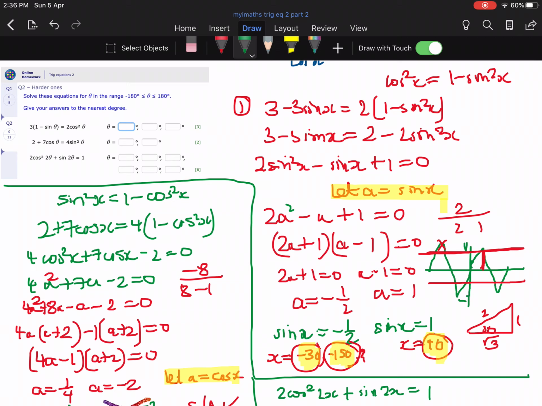What multiplies to make 2? 2 and 1, but adds to make negative 1? Nothing.